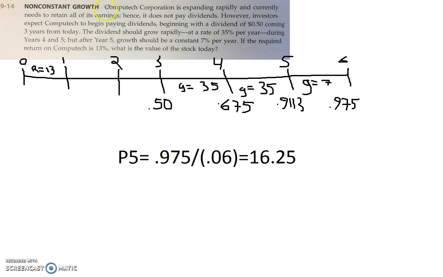So we could take this and just add it below right here, $16.25. Or what I'm going to do is add these together real quick and clean it up. 0.9113.